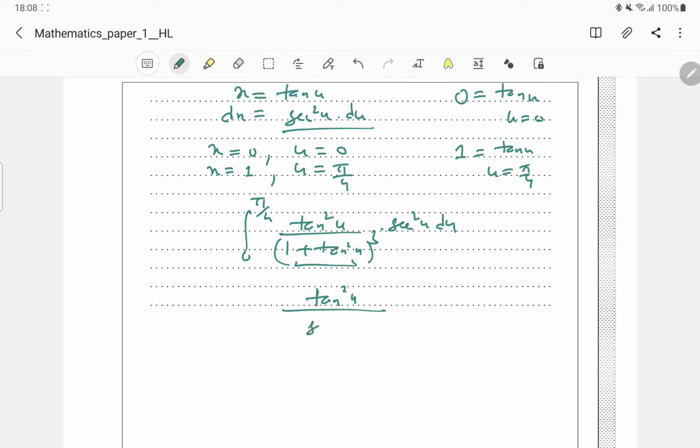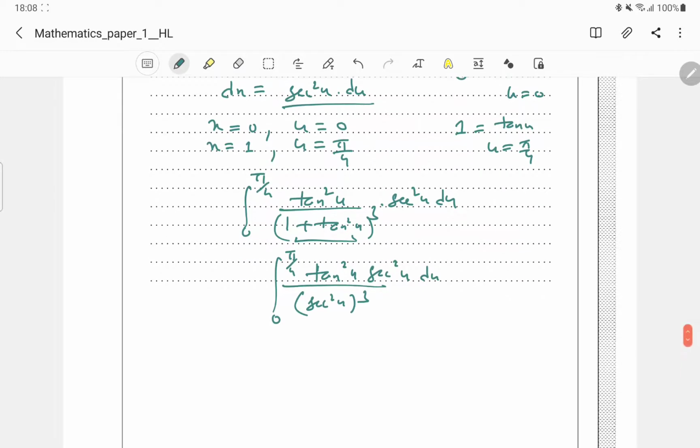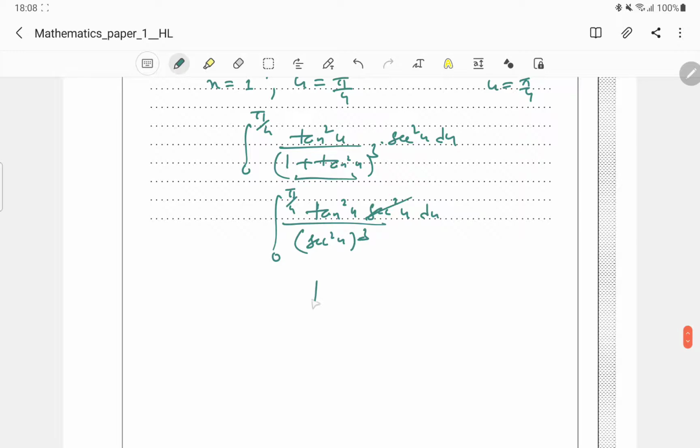So it's sec square u whole cube du, 0 to pi by 4. Now we can cut one sec square u, so it will be tan square u over sec 4 u du, 0 to pi by 4.